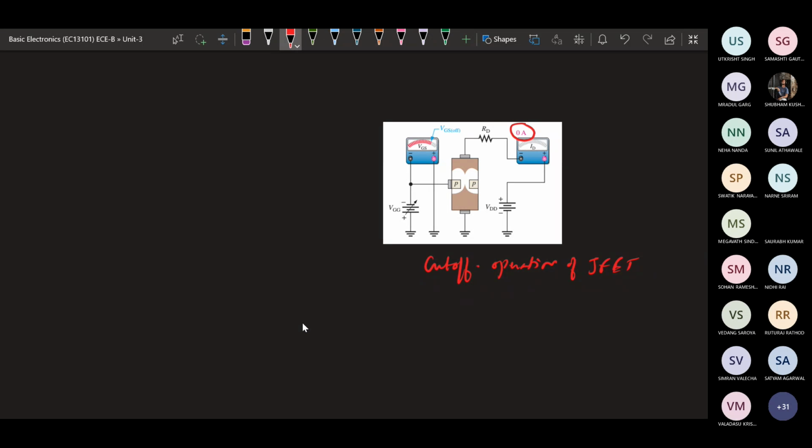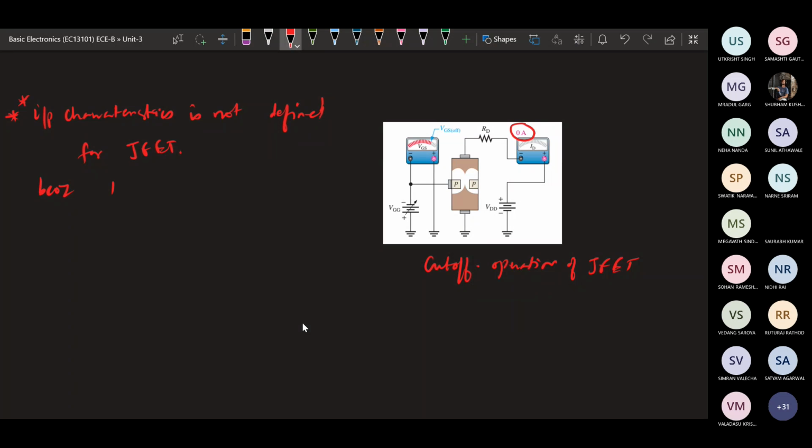But in case of FETs, we will not be plotting the input characteristics. Input characteristics are not defined for FETs. Why? Because as we reduce the gate to source voltage, the gate to source voltage is applied such that the gate to source region is reverse biased.